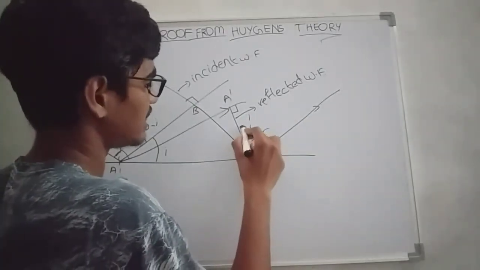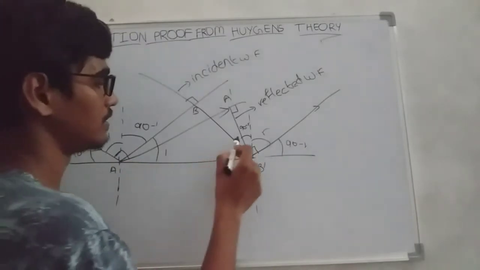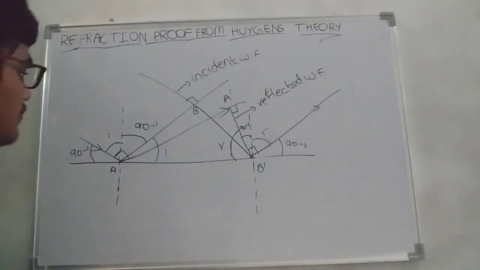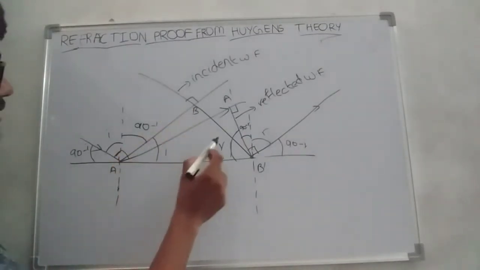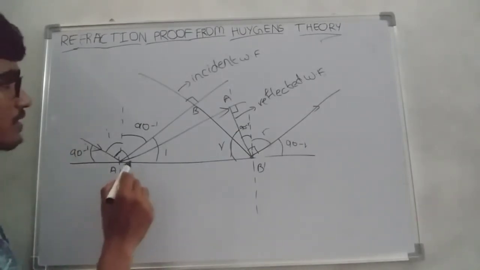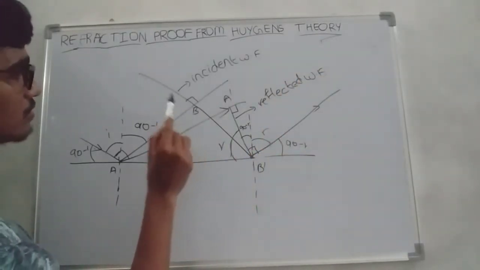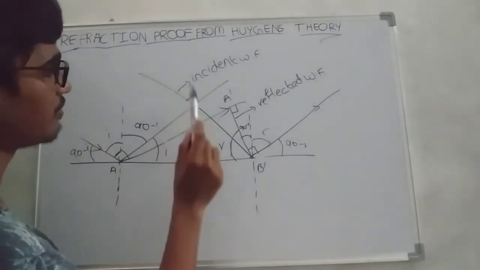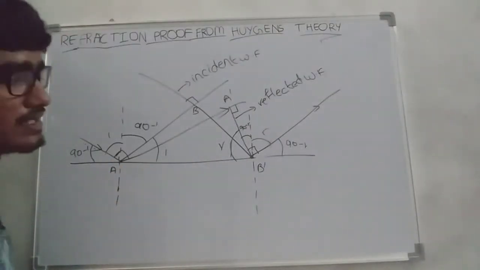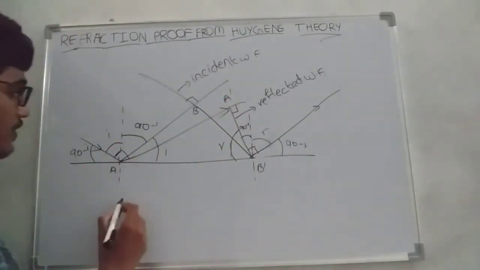Then this angle becomes 90 minus R, and this angle becomes 90 minus R. As proved before, this angle becomes R. So here A dash is the distance covered by the first ray after reflection to reach the reflected wavefront, and B dash is also the distance covered by the second ray to reach the reflected wavefront from the incident wavefront. Hence, as I said before, these two take the same time to reach the reflected wavefront.